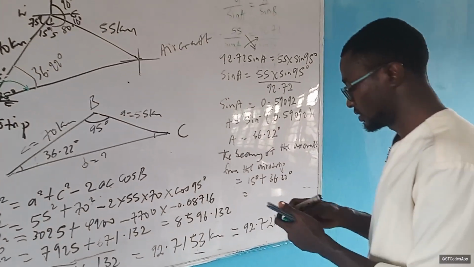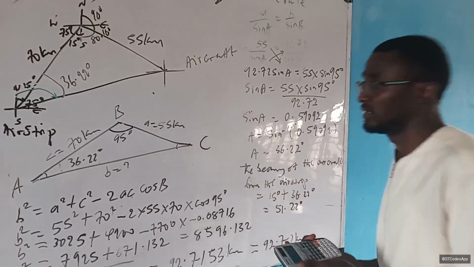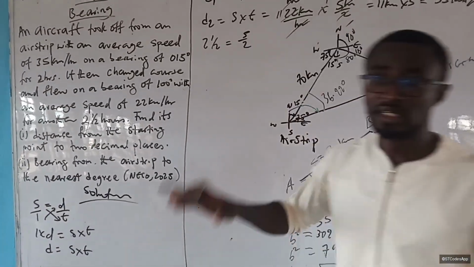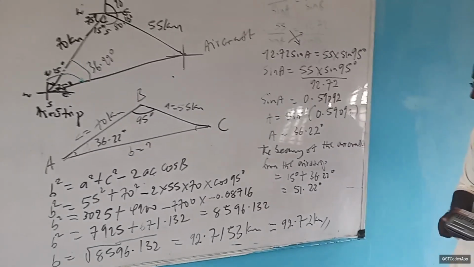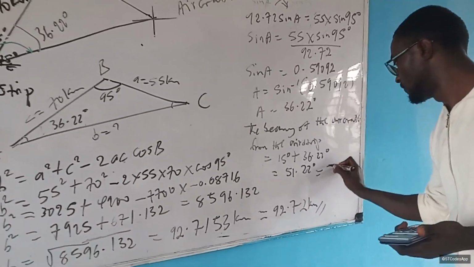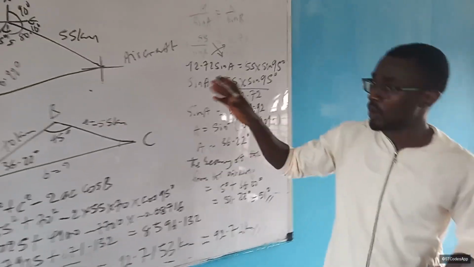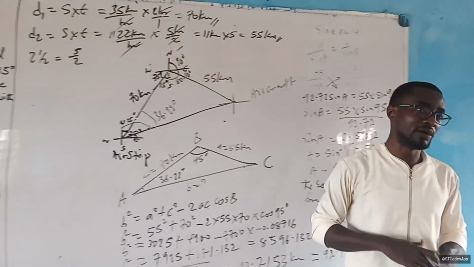That gives us a total of 51.22 degrees. Now we are told to give our answer to the nearest degree, meaning to the nearest whole number. So the nearest degree will give us approximately 51 degrees. And that is the bearing of the aircraft from the airstrip, and that is our final answer.